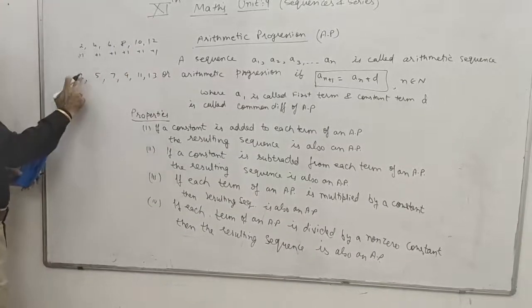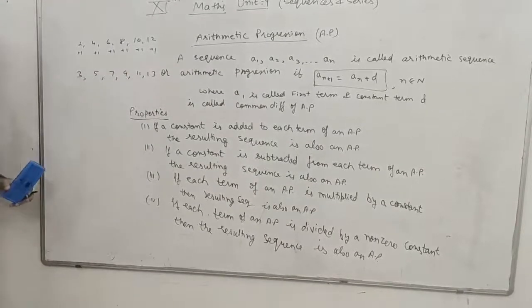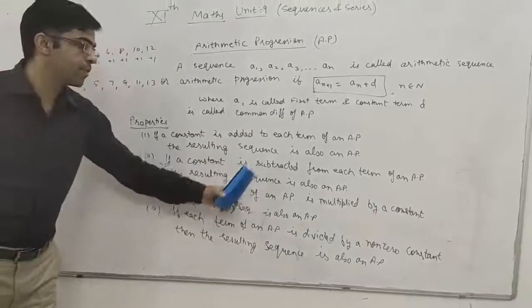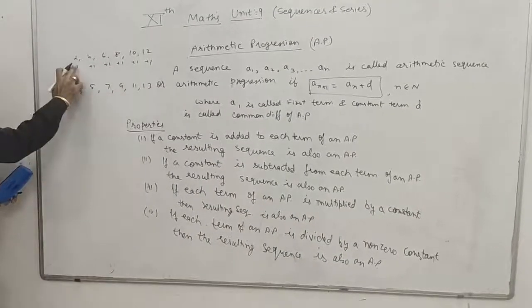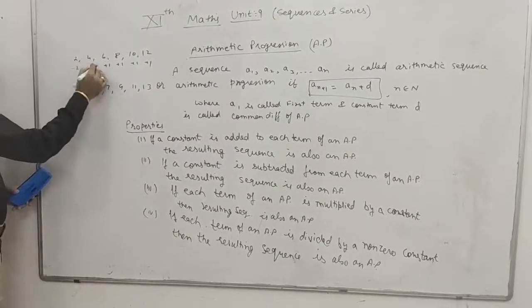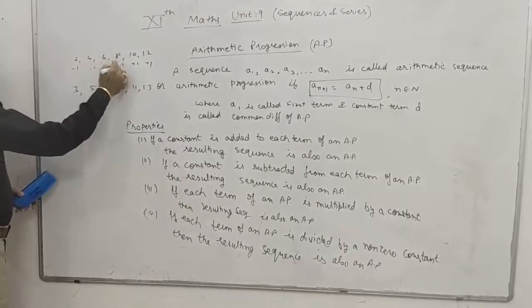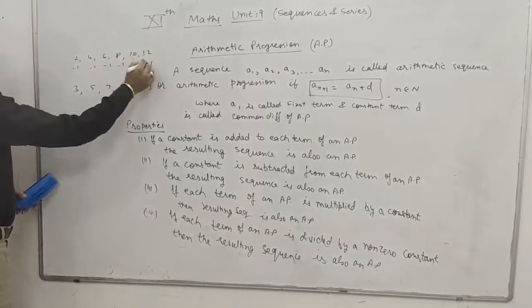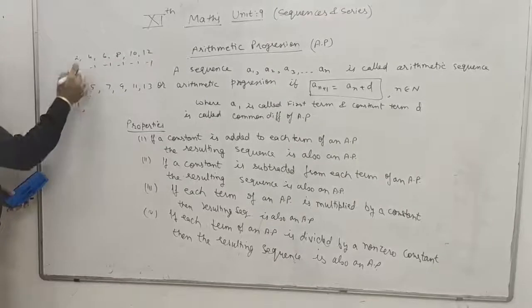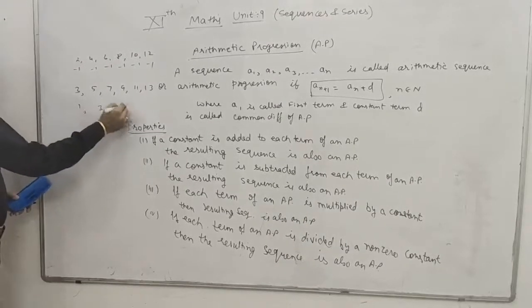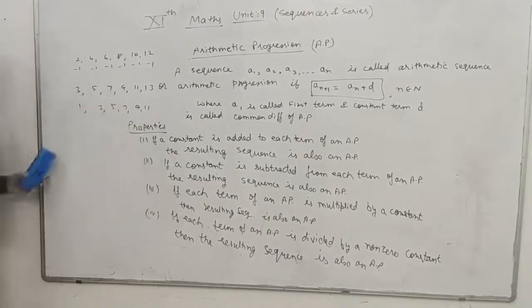You can check that this also forms an AP. Similarly, if a constant is subtracted from each term, we subtract 1, then also we will get a new AP like 1, 3, 5, 7, 9, 11.